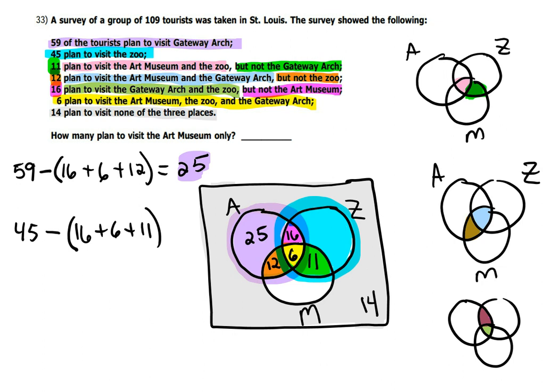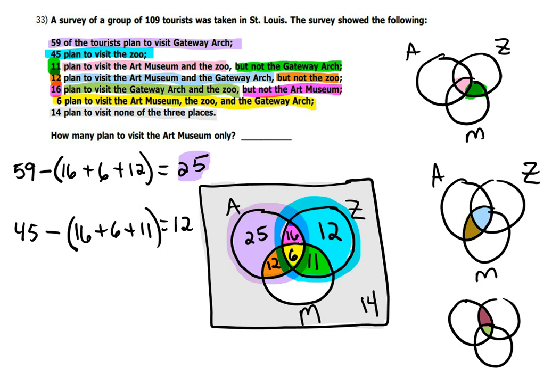Because the zoo is made up of 4 regions. The pink one with the 16, the yellow one with the 6, and the green one with the 11, and I'm missing this piece. So when I add up those numbers and subtract that from 45, I get 12.